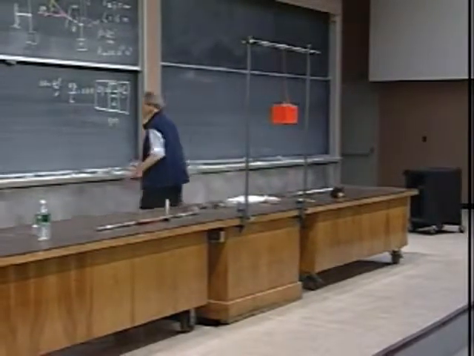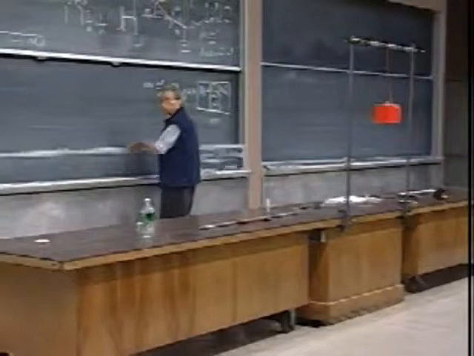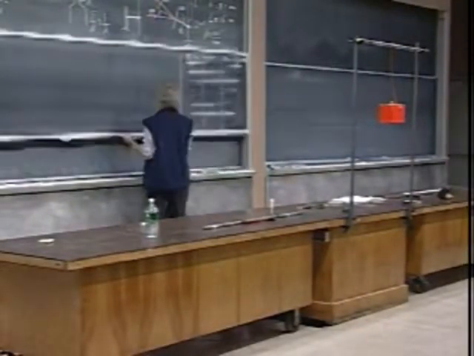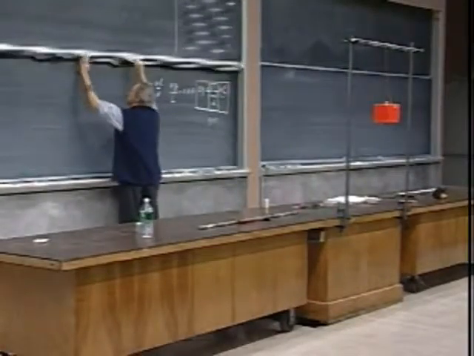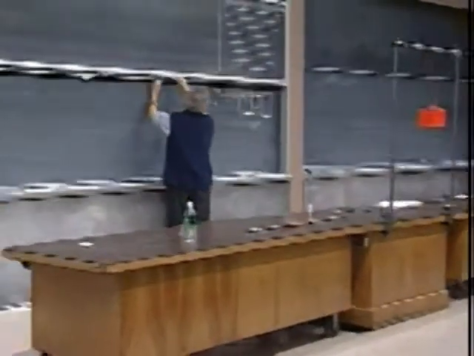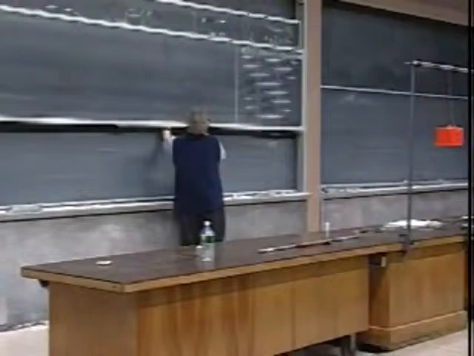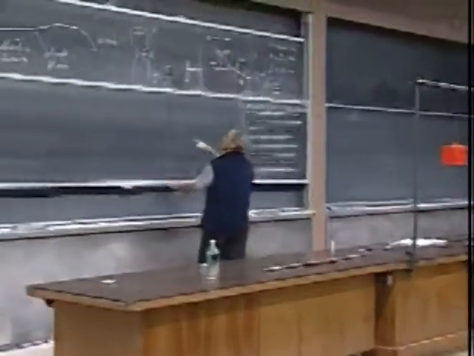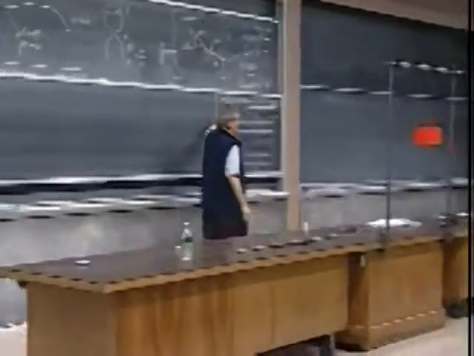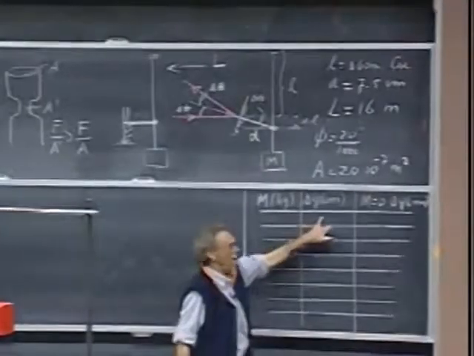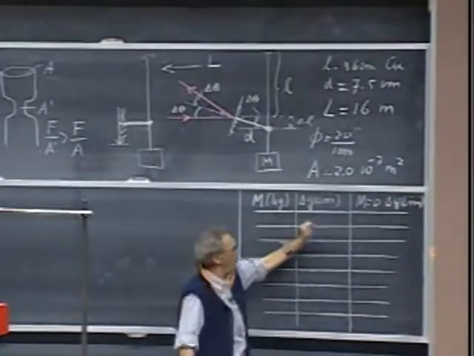So I will now make an attempt to load down the copper wire. We can actually leave this here, so you can see that curve. So we start here, we go up with 0.5 kilograms. We will write down then how much that laser spot goes up on the wall.